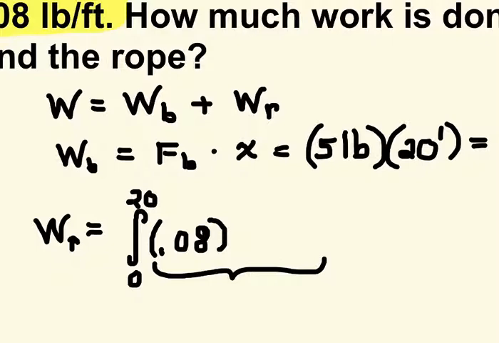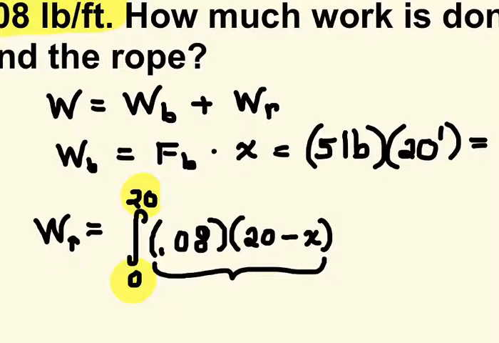Well, for integrating, where X is going to go from 0 to 20, initially there's 20 feet of rope there, but if we subtract X, when X is 0, which is at the very beginning, then 20 minus 0 is 20, and the weight of the rope will be based on 20 feet of rope. But when we get to the end, when X ends up equaling 20, we end up with 20 minus 20, which is 0. There's no rope left.